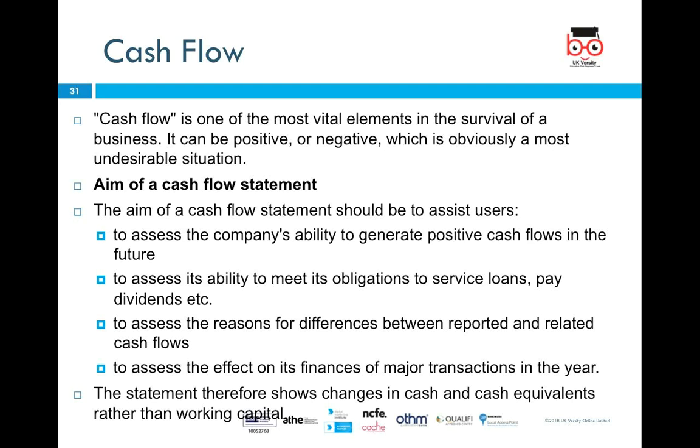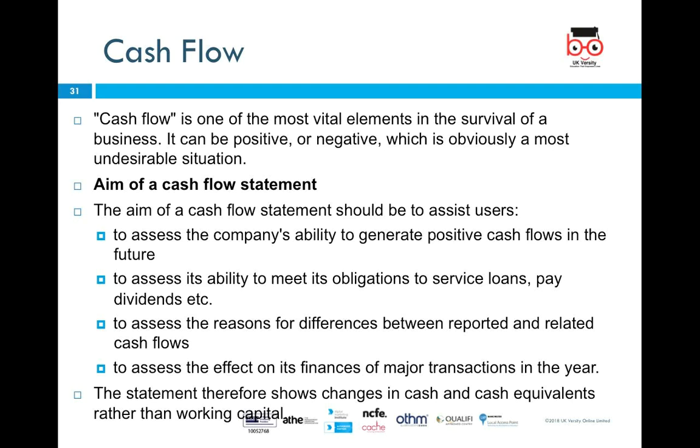So normally cash flow is one of the most vital elements in the survival of a business. This can be a cash flow figure that could be positive or negative, which is obviously a most undesirable situation if it is negative. And the aim of a cash flow statement is to assess the company's ability to generate positive cash flows in the company.